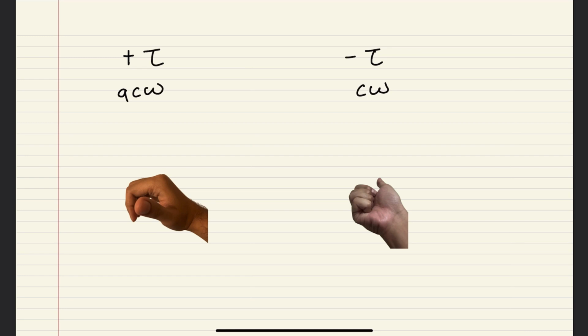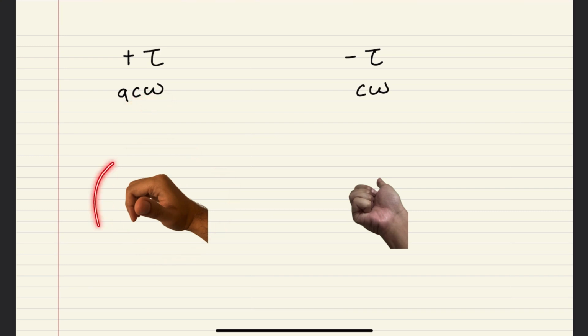So the torque that makes the object move anti-clockwise is positive, but the torque that tries to make the object move clockwise is negative. That comes from the right hand rule. So even if you don't know how to use this, you can simply memorize it.